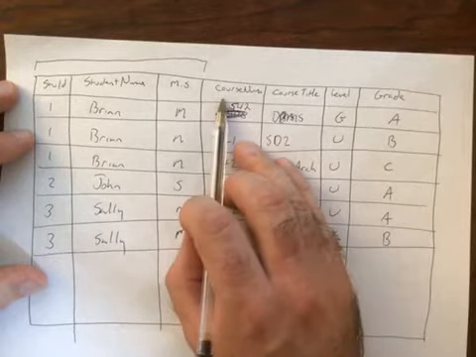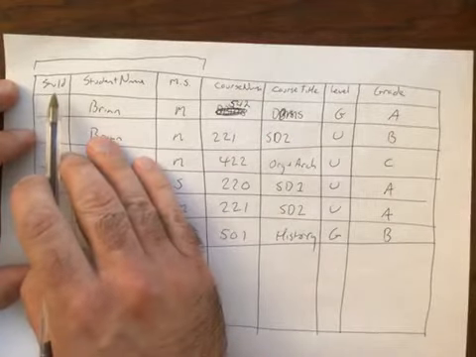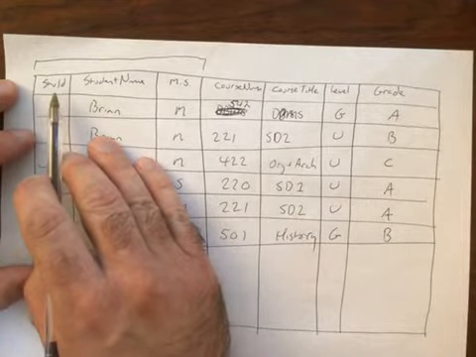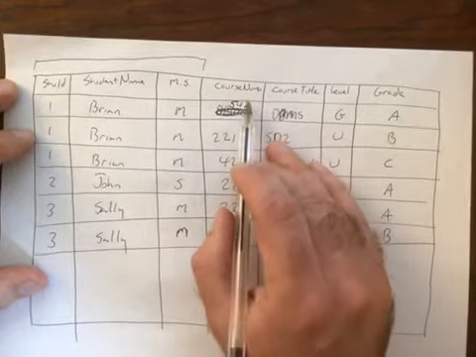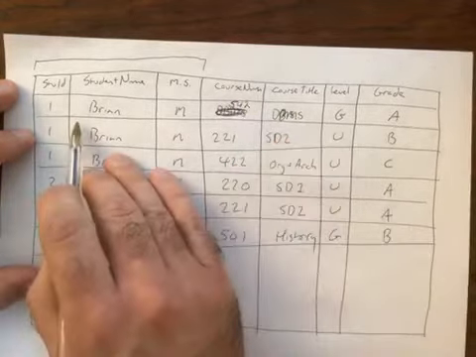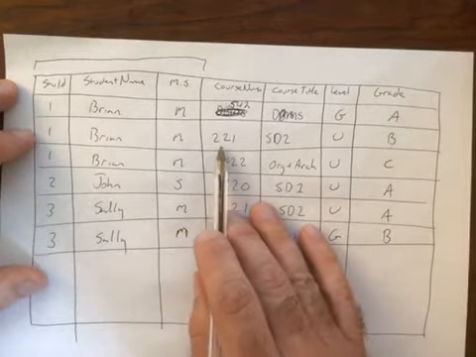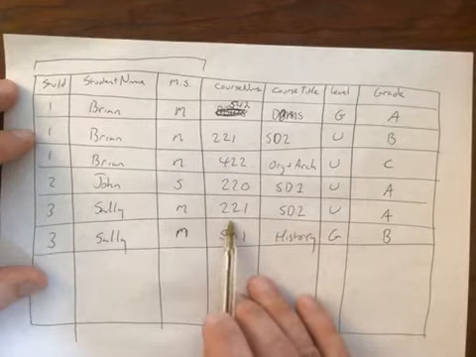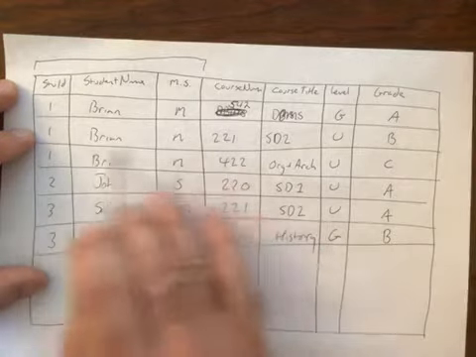Let's start with course number first. Does course number have a functional dependency on the student ID? And the answer here is no, because there's nothing about the course that says Brian has to be the one taking it. In fact, down here, both Brian and Sally take 221, software development 2. So there is no functional dependency on this.